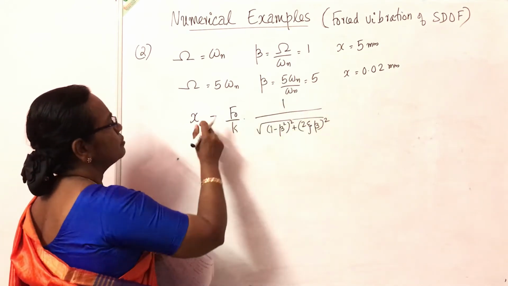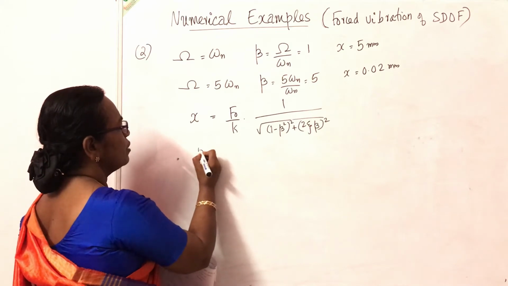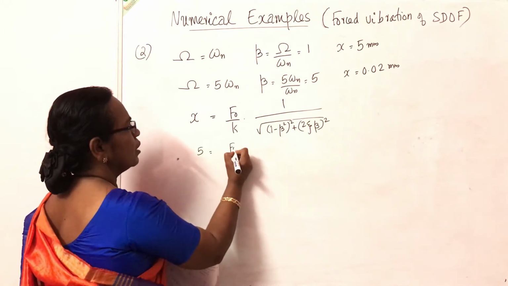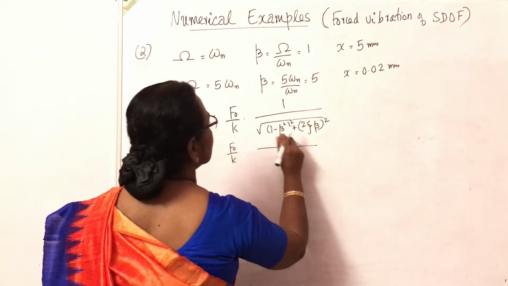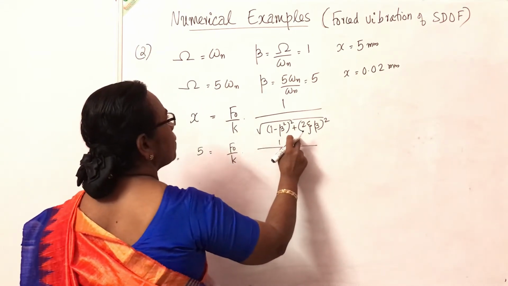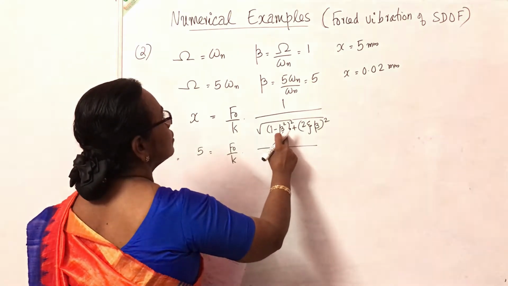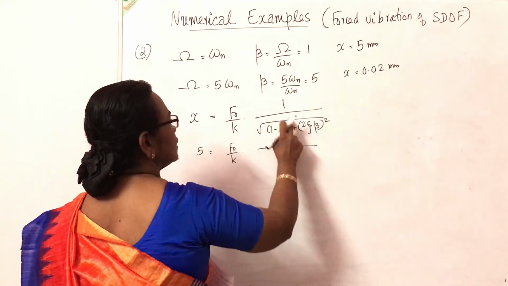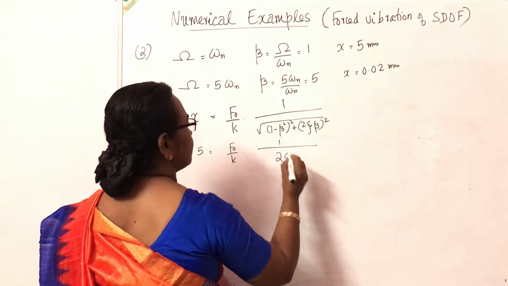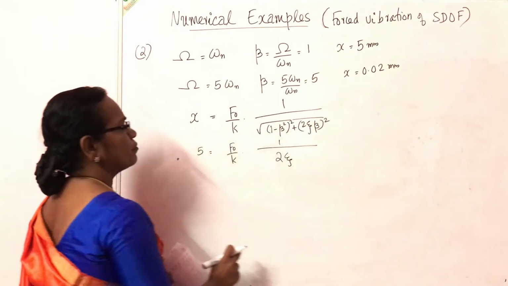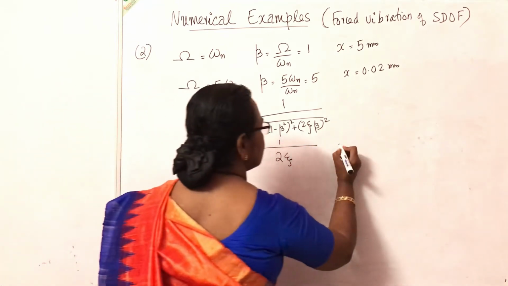So substituting the first case, 5 is equal to F0 by K into 1 by root of (1 minus beta square) the whole square plus (2 psi beta) the whole square. Here beta is equal to 1, so this term vanishes. It will become root of (2 psi) square, so F0 by K into 1 by 2 psi. Equation 1.